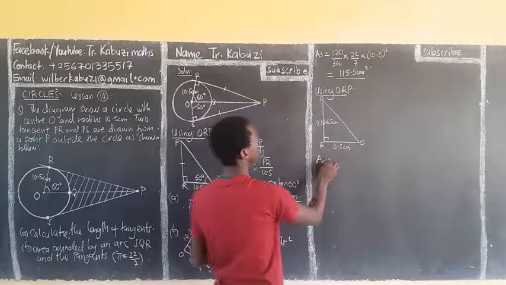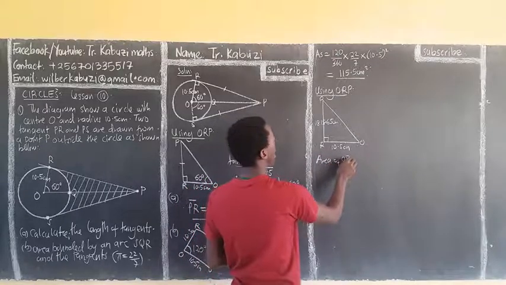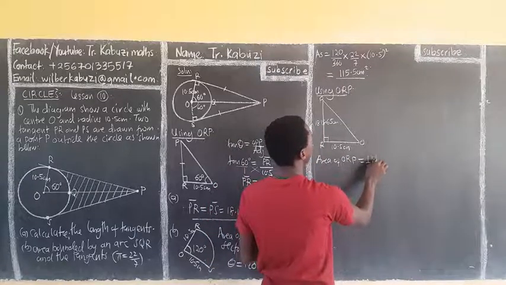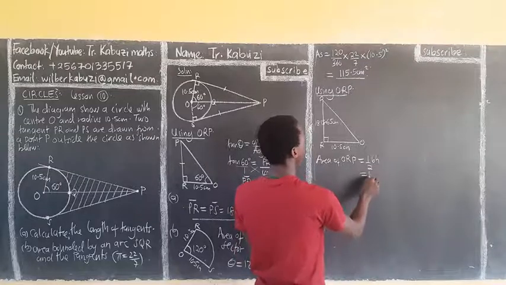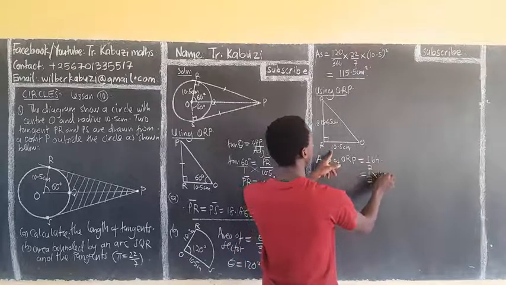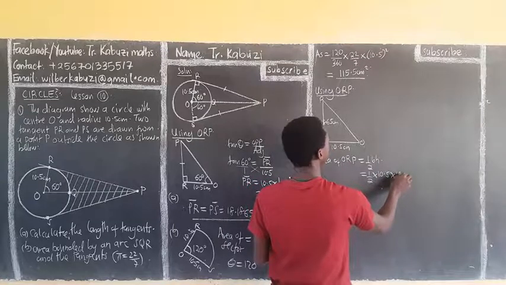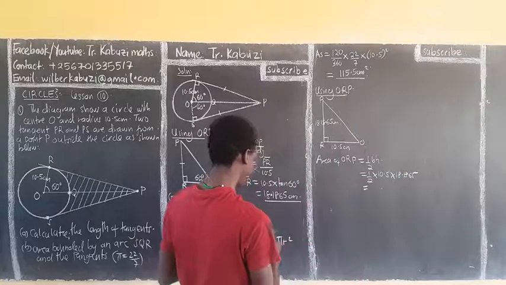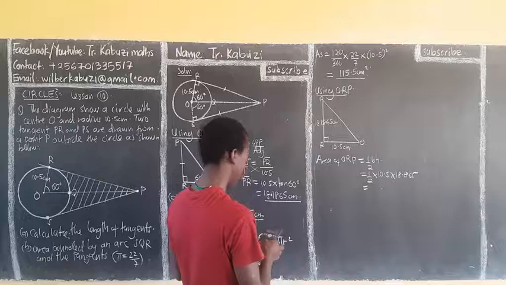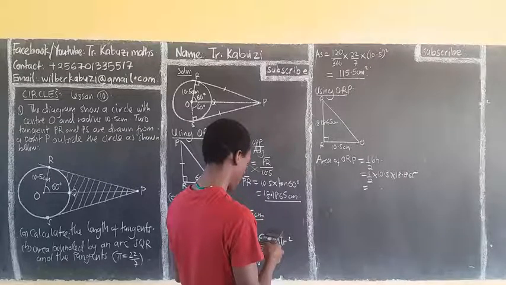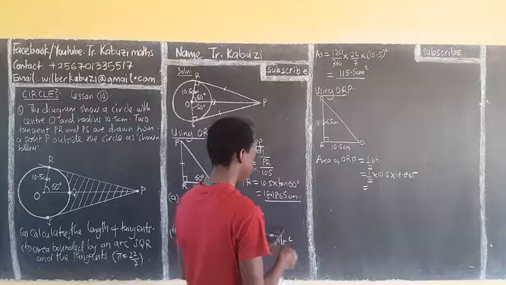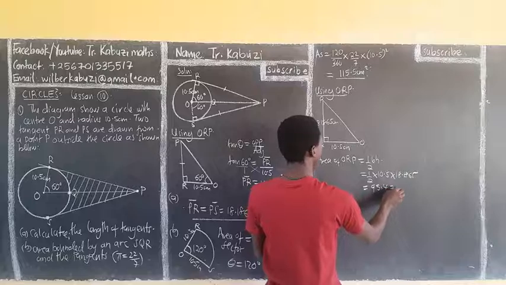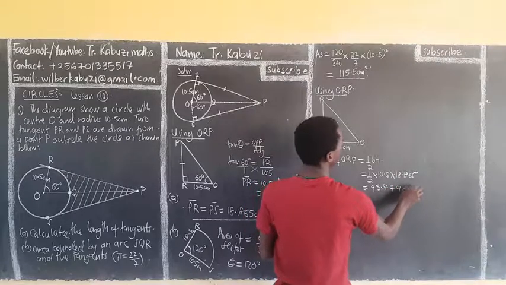So area of ORP is going to be, I'm going to use half base times height. So that's half times the base, which is 10.5, times the height, which is 18.1865. So here we get 95.479 centimeters squared.